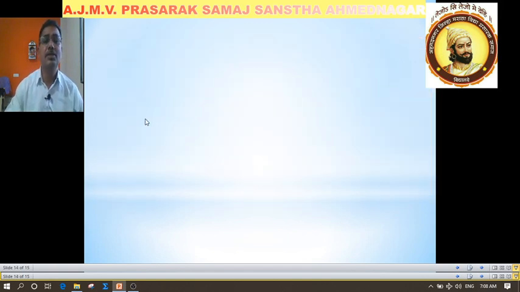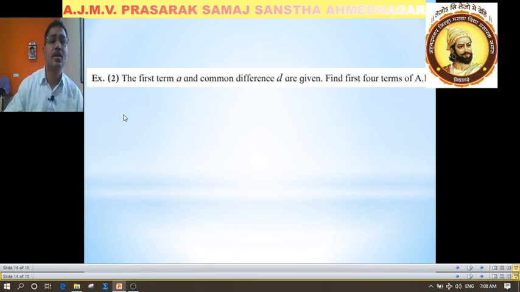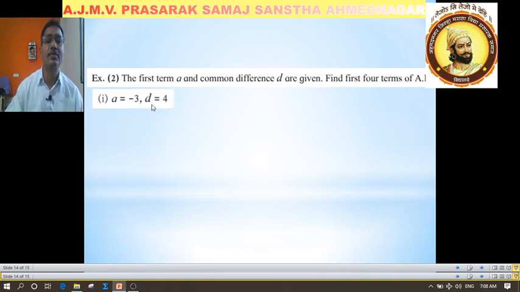Take the next solved example. Question is: the first term A and common difference D are given. Find the first four terms of the arithmetic progression. Here A is equal to minus 3 and common difference D is equal to 4.